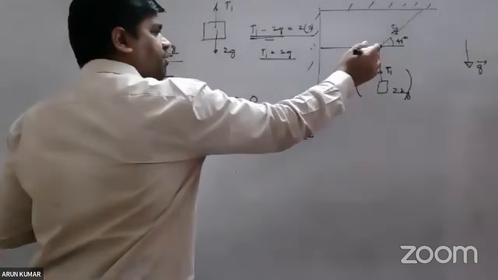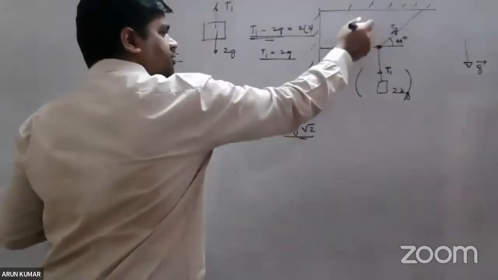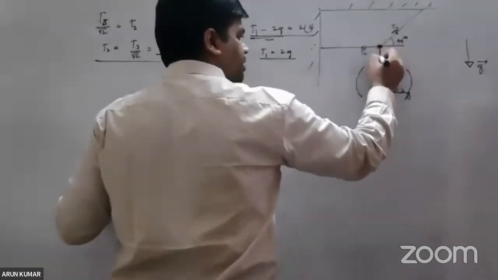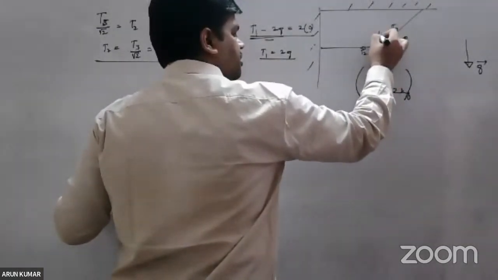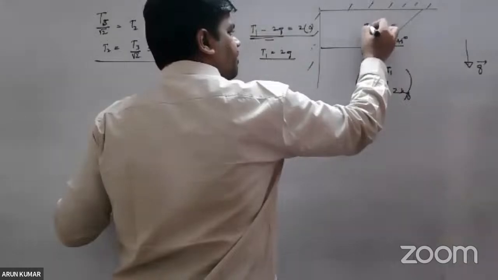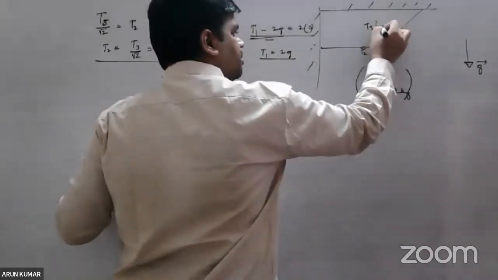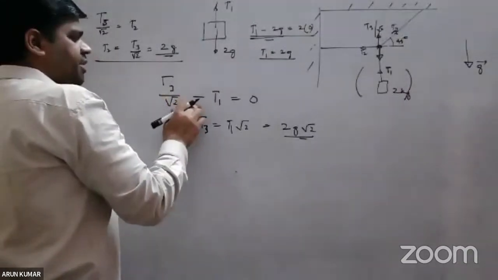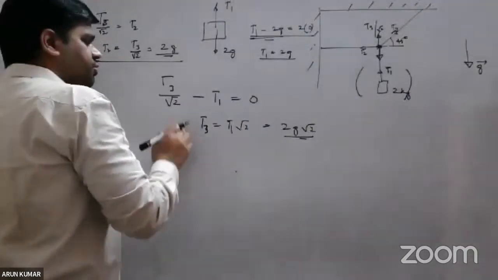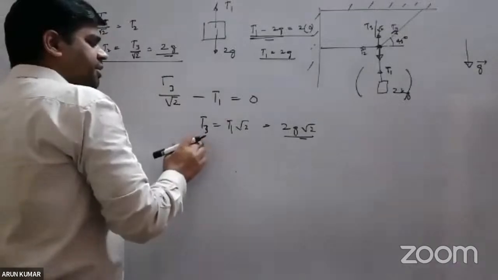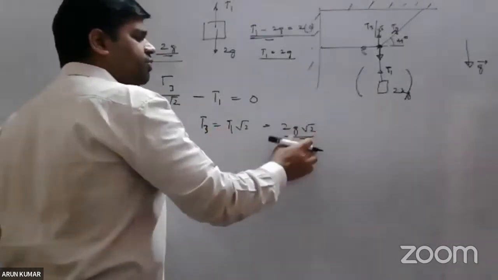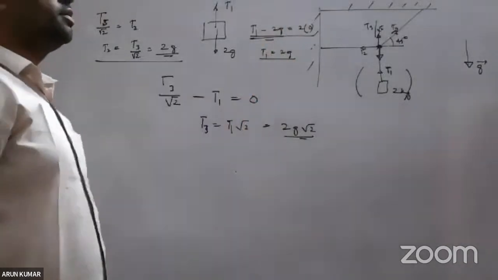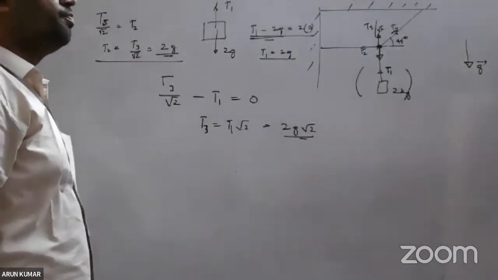Now, if I look at this point, all the vertical forces should be 0, all the horizontal forces should be 0. What are the vertical forces over here? T3 cos 45, T3 by root 2, and now what is T1? So T3 by root 2 minus T1 is equal to 0. So T3 is equal to T1 root 2, 2G root 2, because T1 is 2G. I got T3 as well. Now let's see T2.